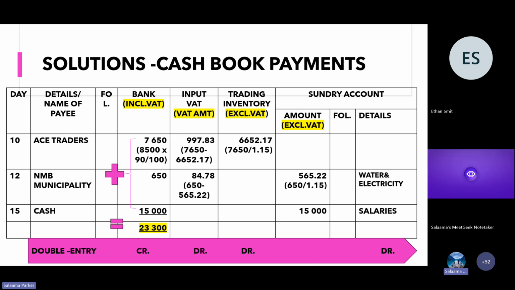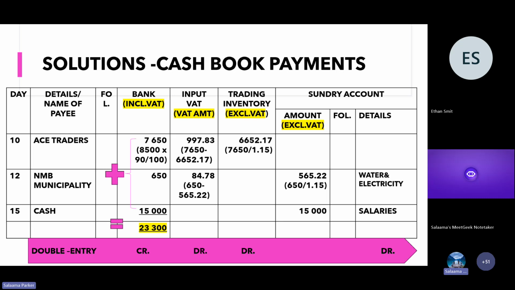And of course, now we were supposed to total our cash book payments, right? To take that total amount to our general ledger. And again, what is the double entry? You know this from Learning Unit 2, where we introduced you to the double entry system, debit, credit.